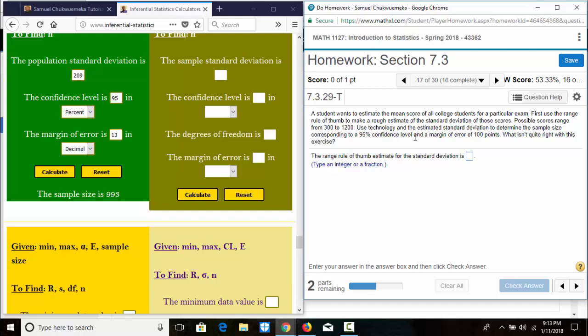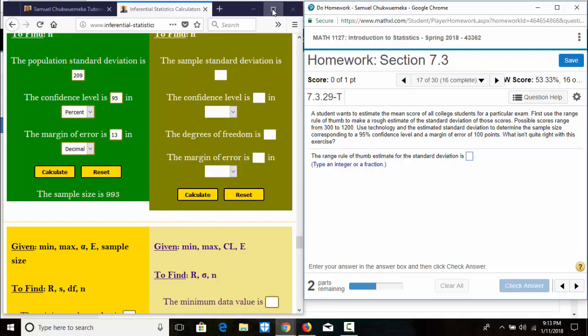Use technology and the estimated standard deviation to determine the sample size corresponding to a 95% confidence level and a margin of error of 100 points. What isn't quite right with this exercise?